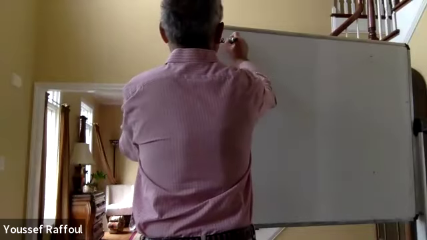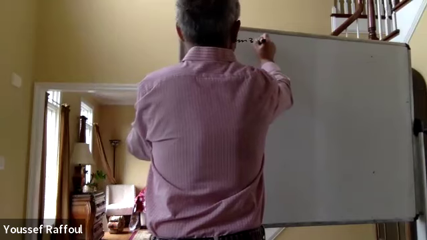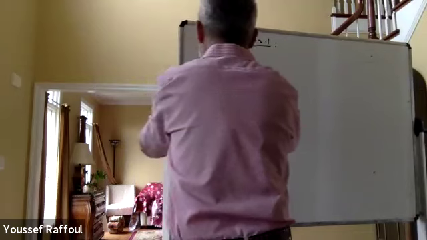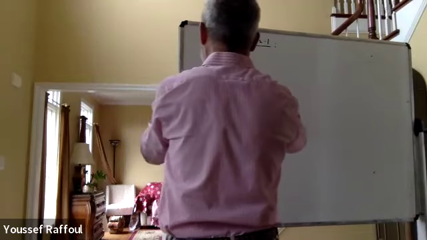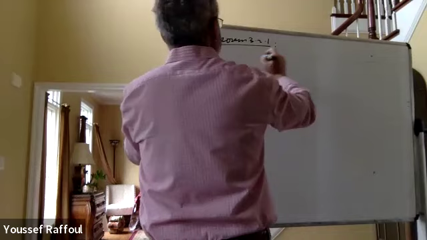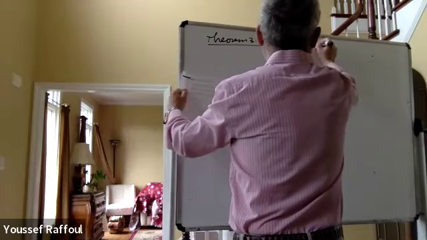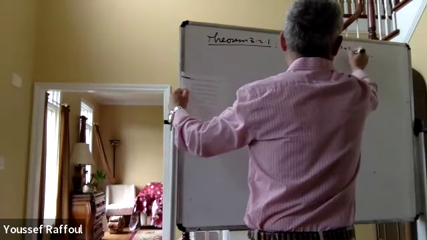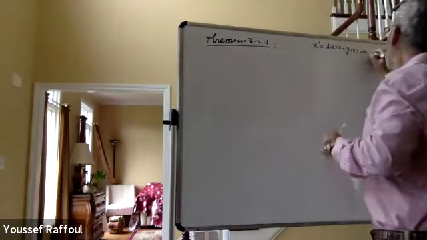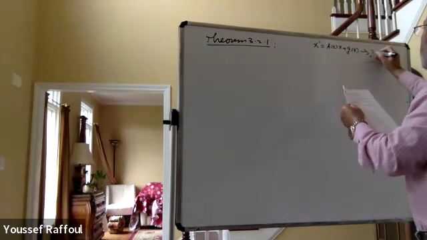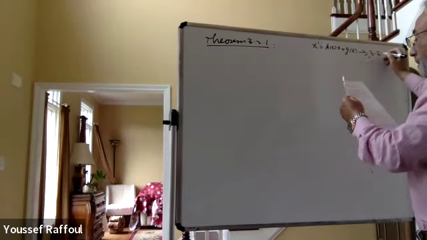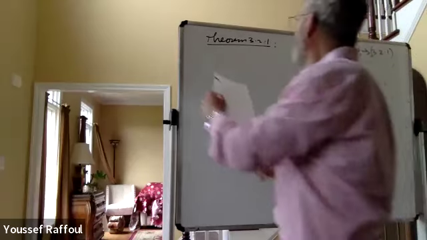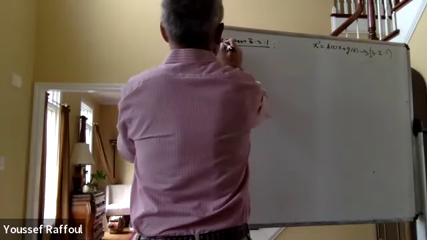This is theorem 3.2.1. So we have, recall that x prime is A(t)x plus g(t), and this is 3.2.1.